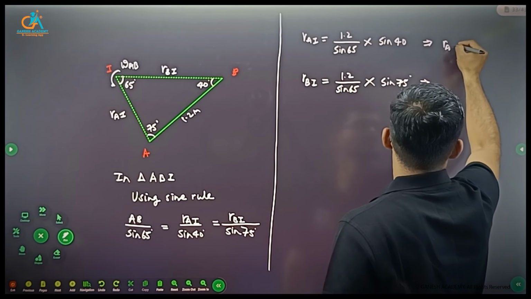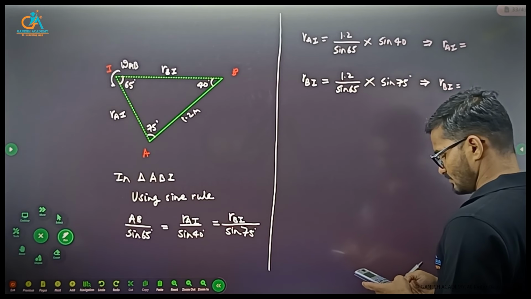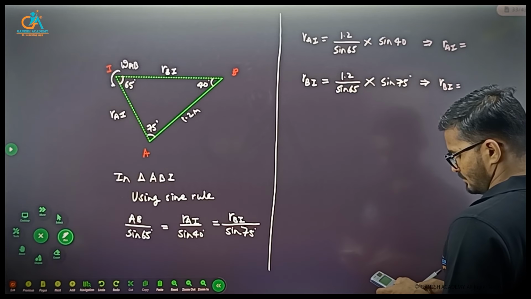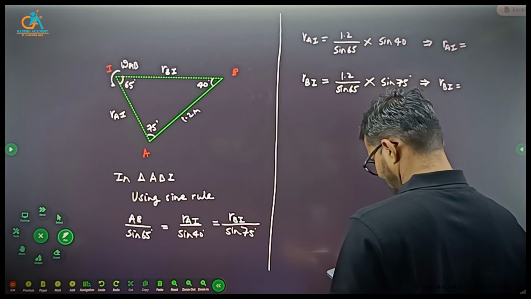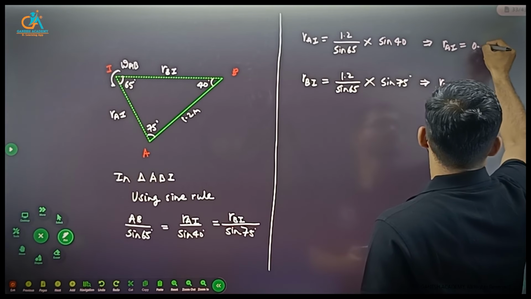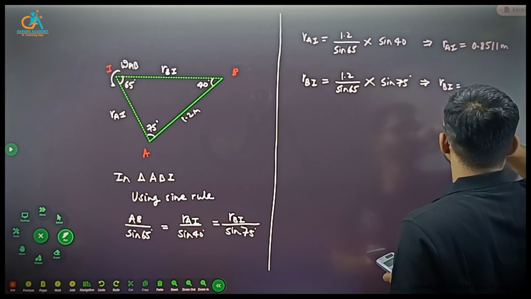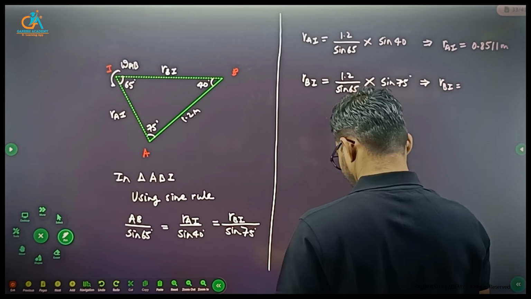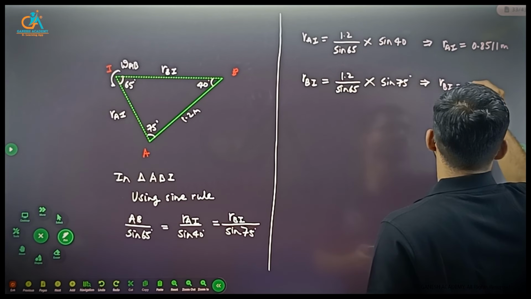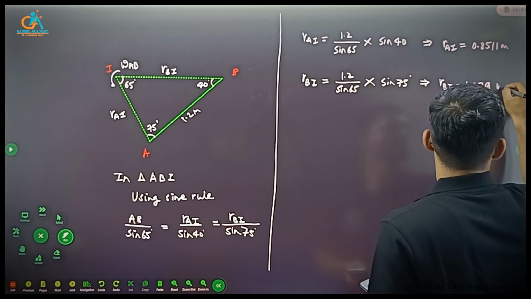So RAI is 0.8511 meter, and RBI is 1.28279 meter.